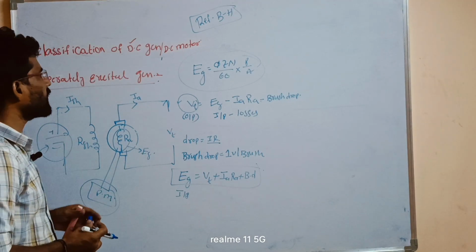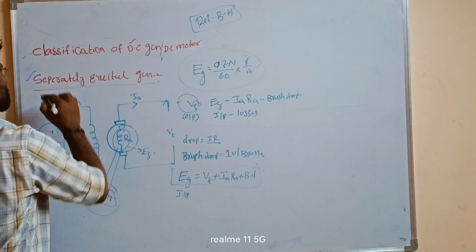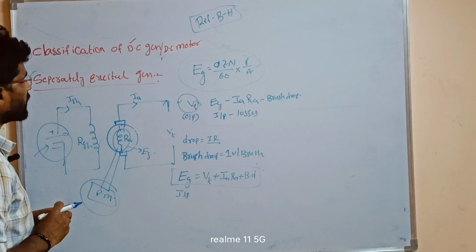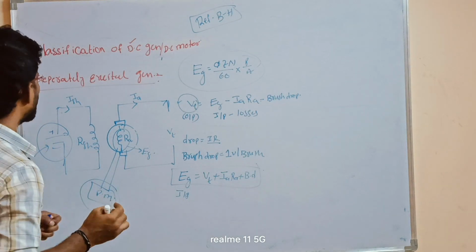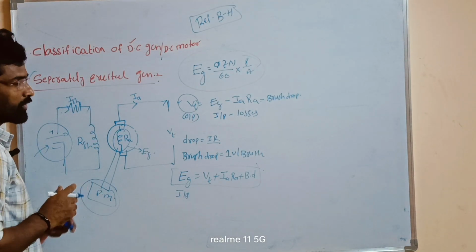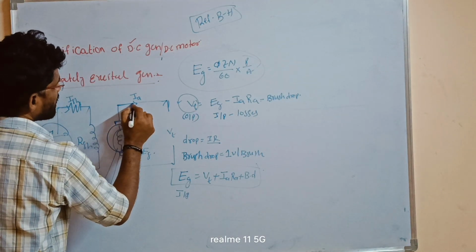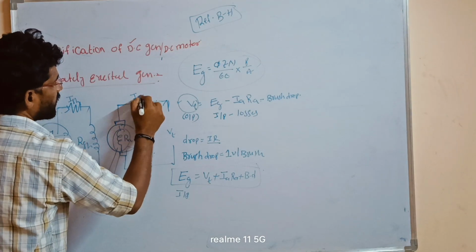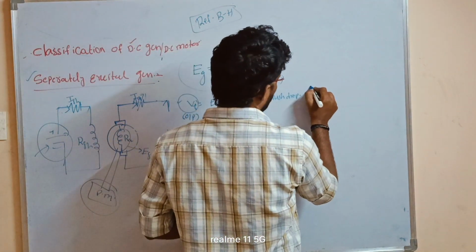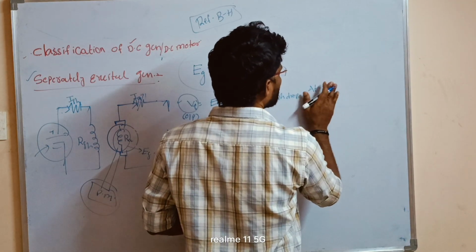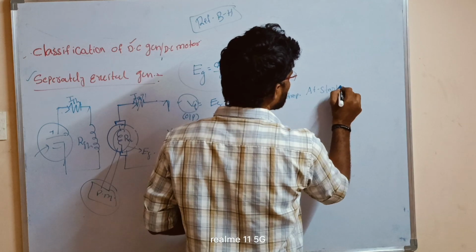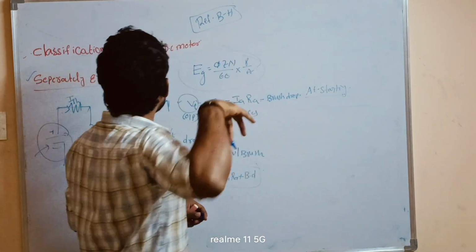And practically, in the separately excited machine, at the time of starting, we connect two resistors. One resistor in series with the field winding, another resistor in series with the armature winding. So at no load condition, like at starting condition, we connect two resistors.